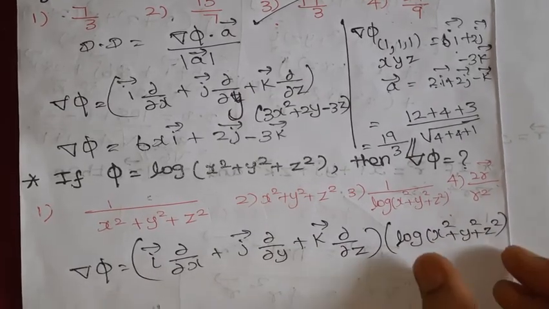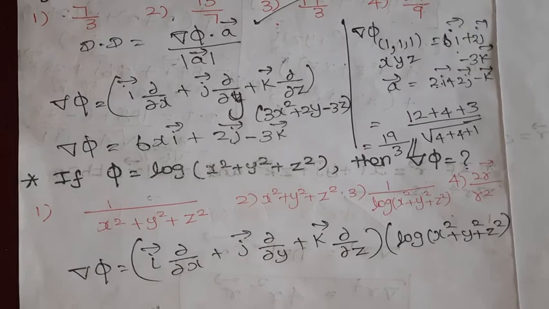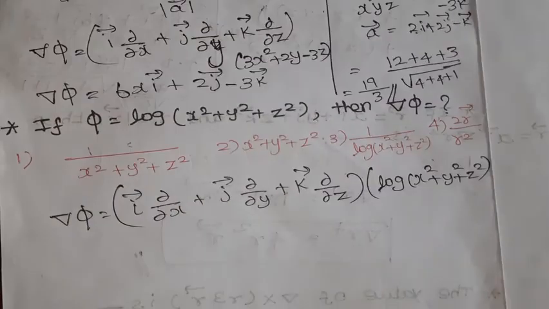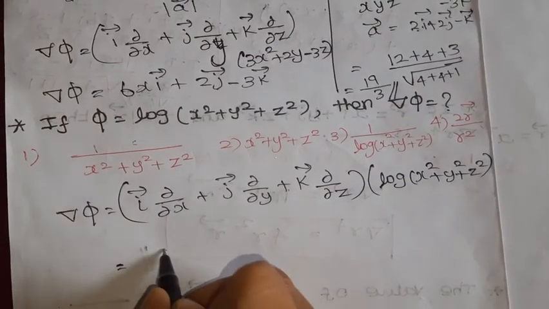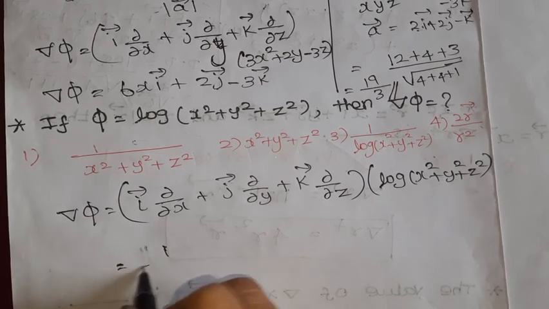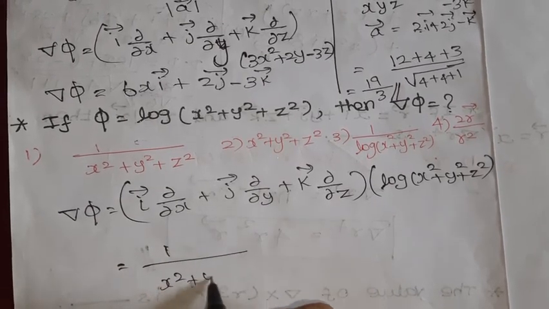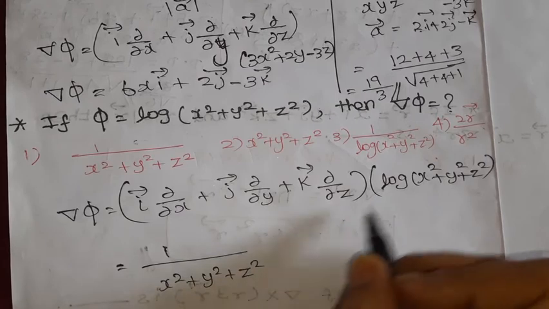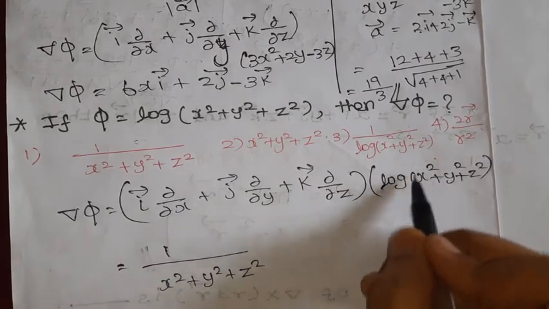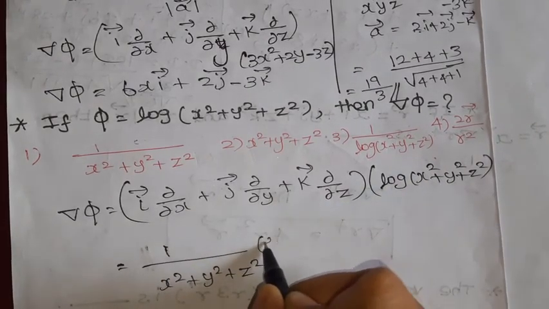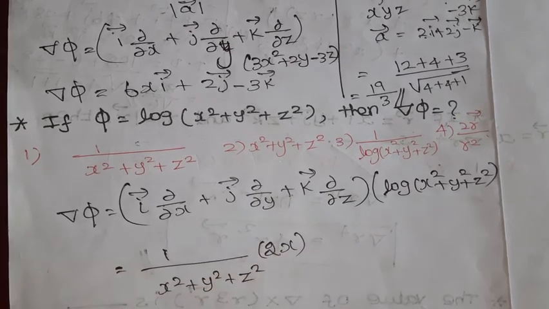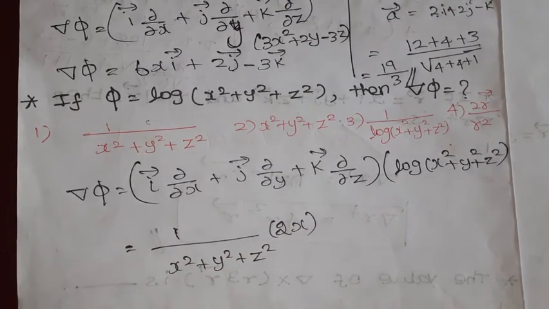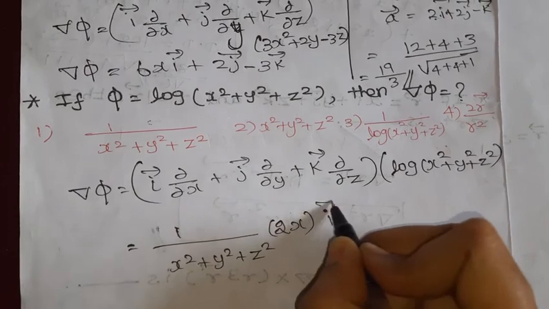Okay. So, dou by dou x of this term, what we will get? Log of something, we are getting 1 by that something, na? 1 by x squared plus y squared plus z squared into, again by differentiating x squared, 2x, into i.